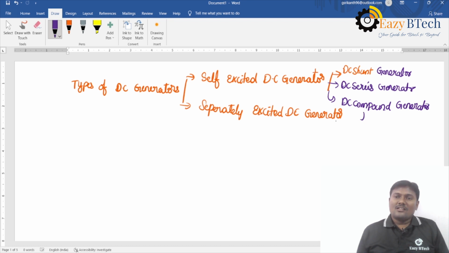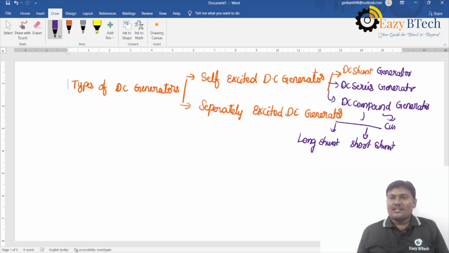In this DC compound generator, based on the connections, we can divide it as long shunt and short shunt connection. And based on the compounding levels, we can divide as cumulative compound and differential compound DC generator.